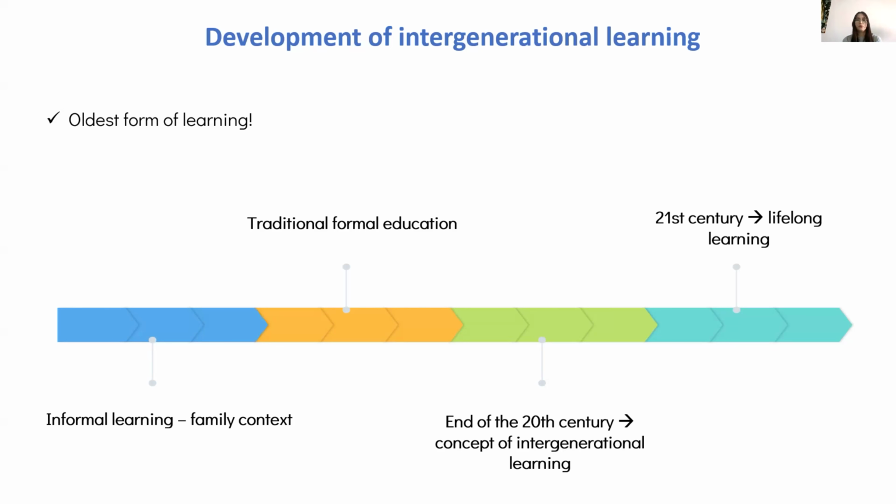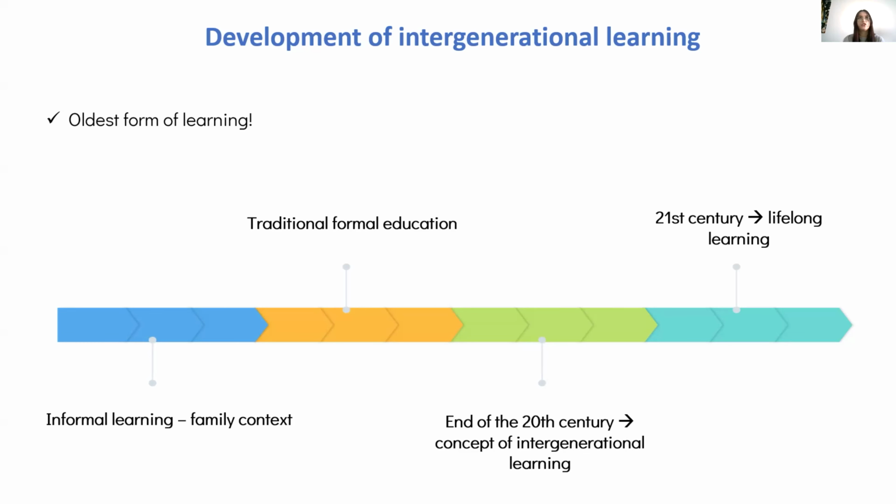It then evolved with the emergence of formal education systems, and these systems presumed teachers would transmit curriculum-prescribed knowledge, skills, and values depending on the social structure. And the concept of IGL only sporadically appeared in pedagogical literature until the late 20th century.